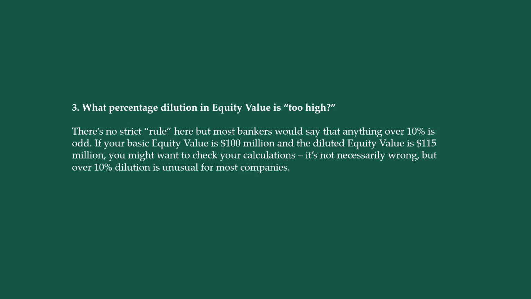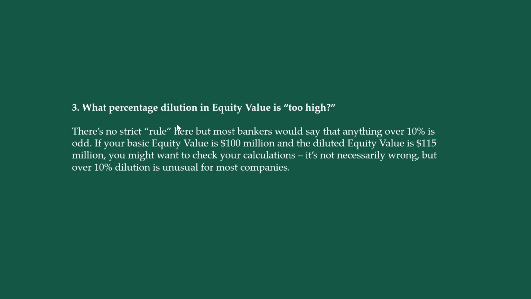Dilution is a measure of how much equity value increases when potential shares are included. Potential shares means shares which could be added. Most bankers treat more than 10% as high dilution. This is a red flag, and always check why the dilution is high: stock options, warrants, and convertible debt.